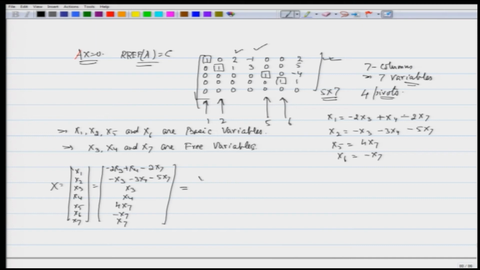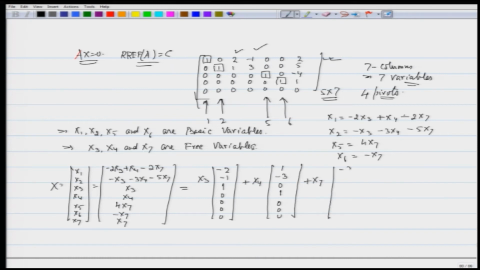So, this is the same as x3 times (minus 2, minus 1, 1, 0, 0, 0, 0) plus x4 times (1, minus 3, 0, 1, 0, 0, 0) plus x7 times (minus 2, minus 5, 0, 0, 4, minus 1, 1). Fine.